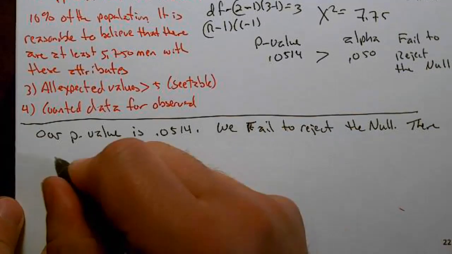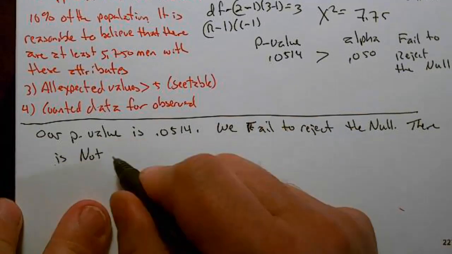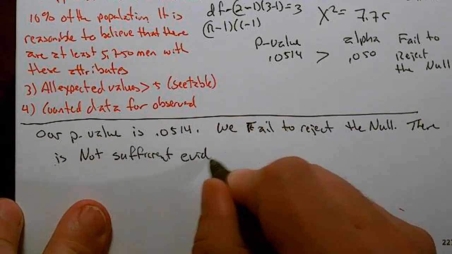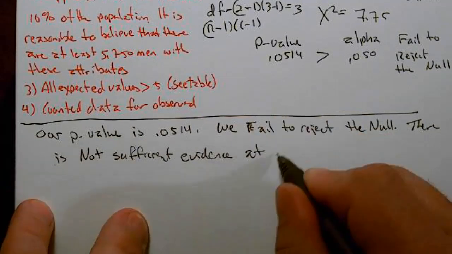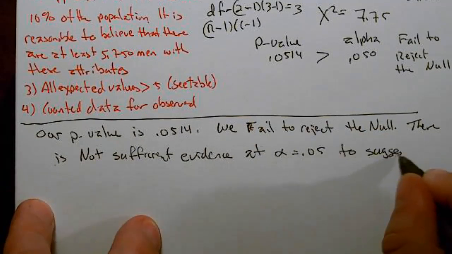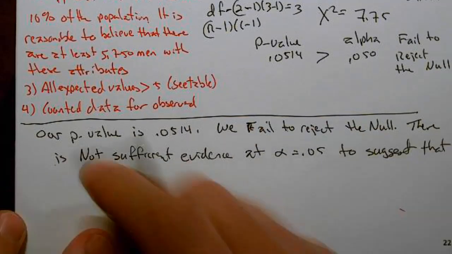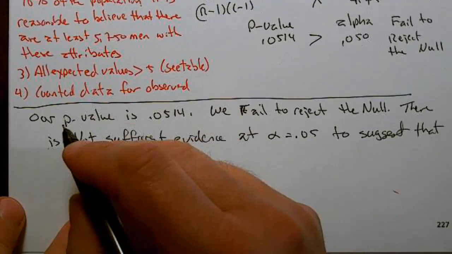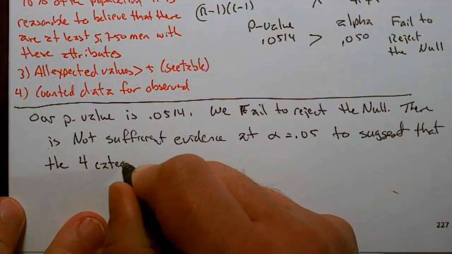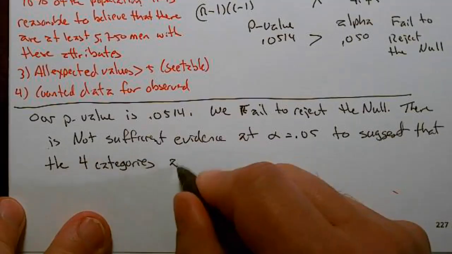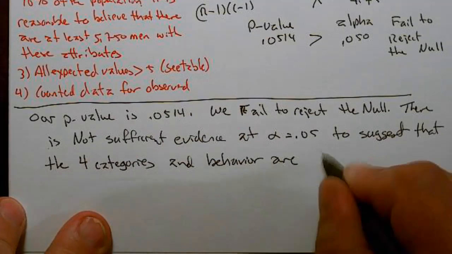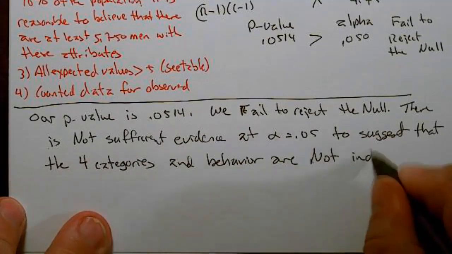There is not sufficient evidence at alpha equal 0.05 to suggest that the 4 categories and behavior are not independent.